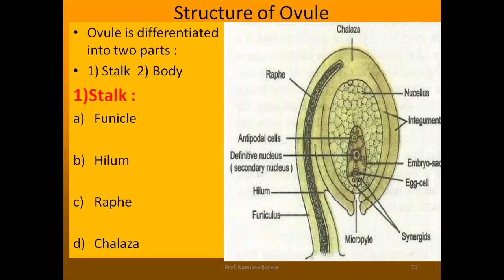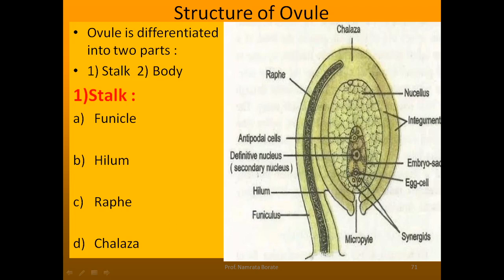The second part we see is the hilum. You can see this point, the hilum. The point of attachment of the funicle to the body, meaning the point of attachment of the stalk to the body, is called the hilum.